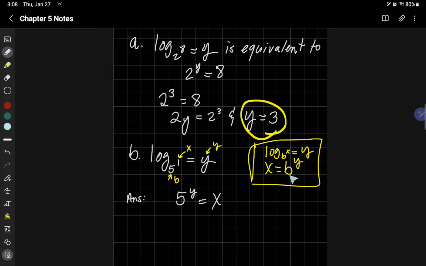Remember that we can reverse it. We can do b to the y equals x if we want to. It is both acceptable. So the x here is going to be 1. That's it. And since it's like that, we're going to replace that y with the number, and we don't have a number, so 5 to the y equals 1.